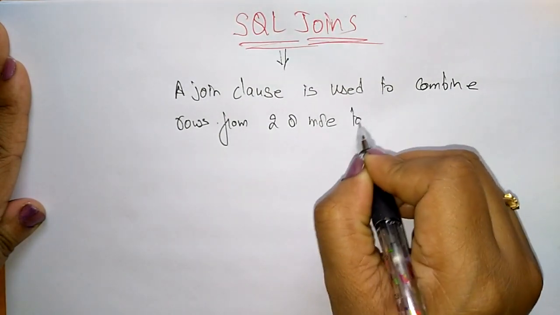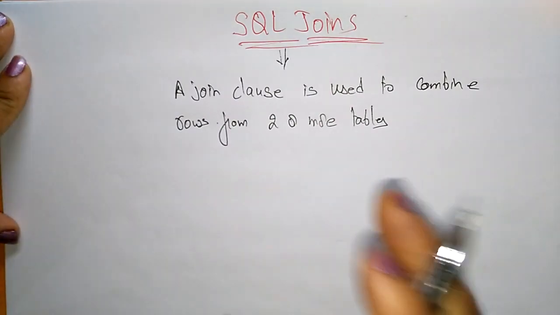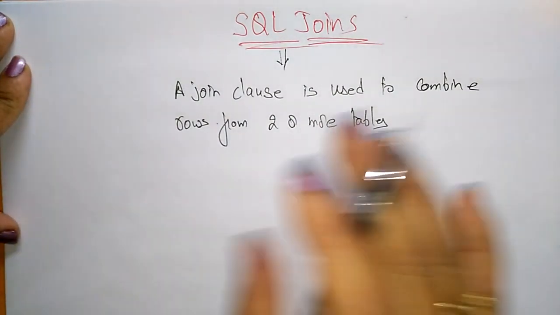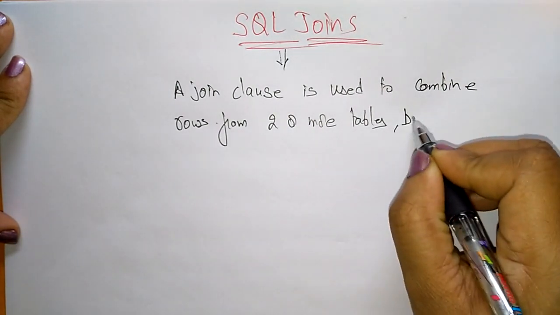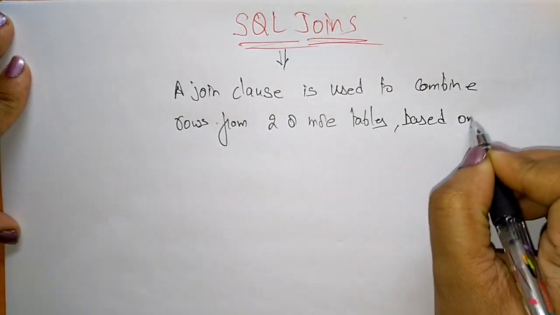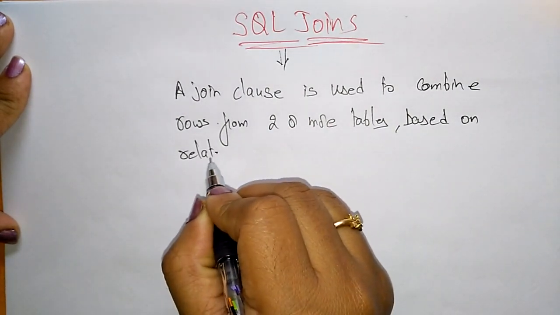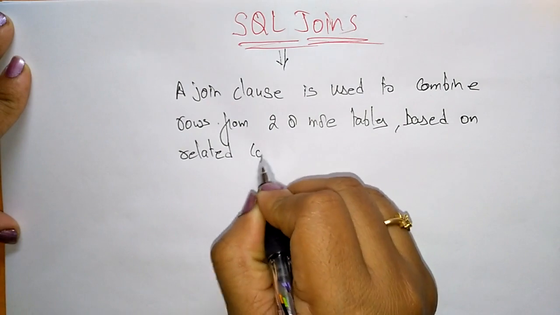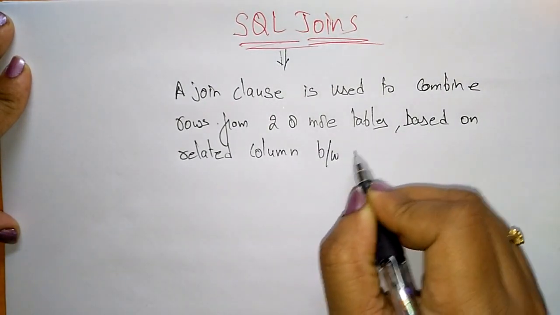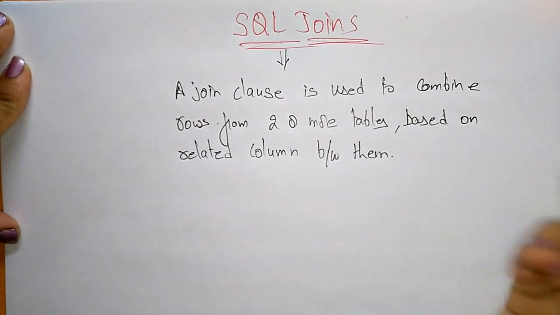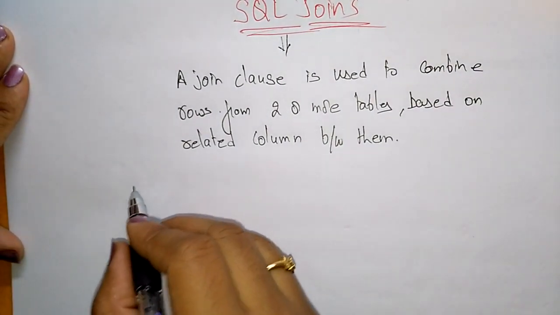So if you take two or more tables, you have to combine the rows by using the join clause, based on a related column between them. So that is joins.